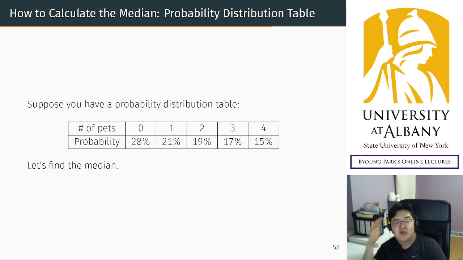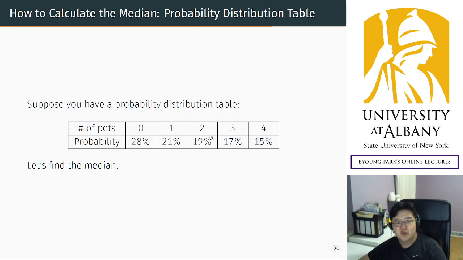Think about the number of pets a family raises. The number of pets distribution is like this: say 0, 1, 2, 3, 4 per household. There are 28% of households with no pet, 21% of households have one, 19% have two, and so on. Let's find the median.